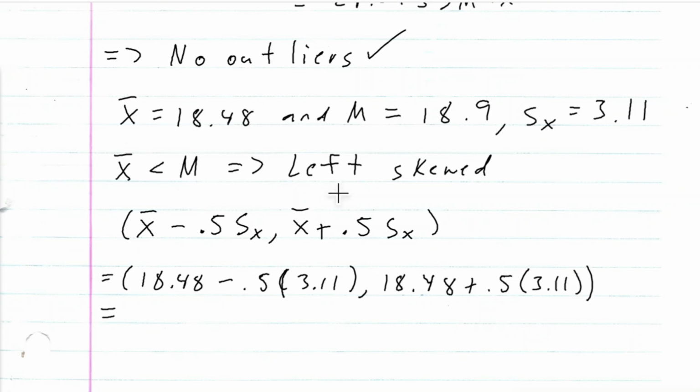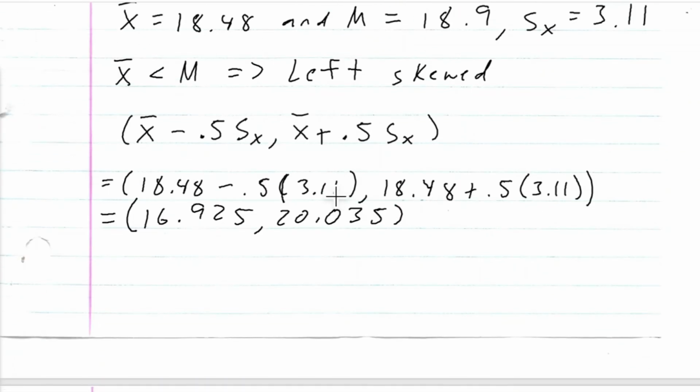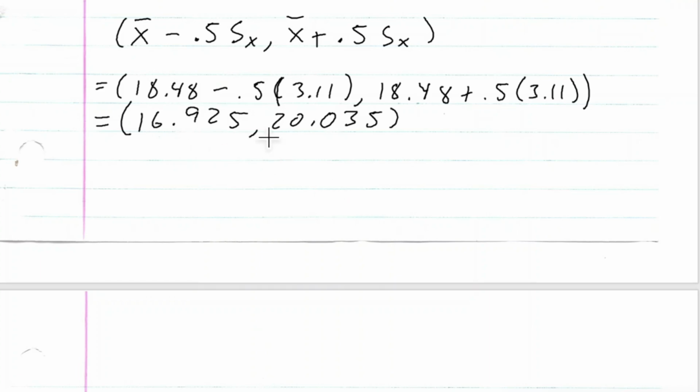If we do that calculation, that would be 16.925 and 20.035. As we can see, the median of 18.9 does fit in that interval. So there is left skewness, but it is only slightly left skewed.